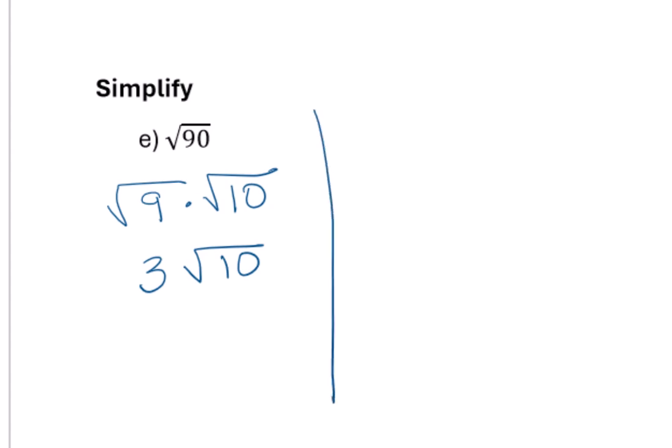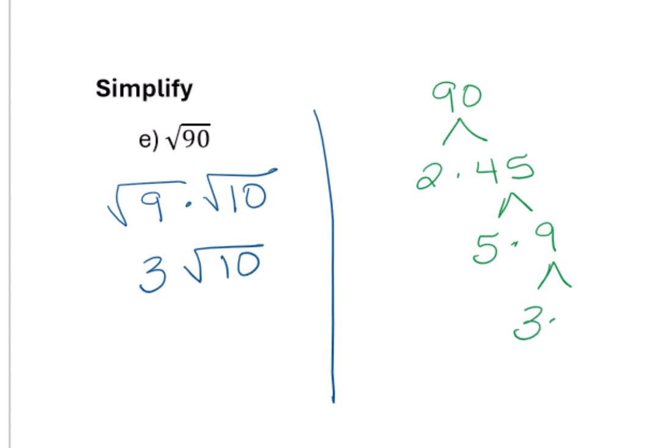Another way to do it, and I can do it here in green, is if we took that number 90 and did a factor tree. We could do, let's see, 2 times 45. 45 would be 5 times 9. 9, we would have 3 times 3. Because our n equals 2, we would look for a pair.